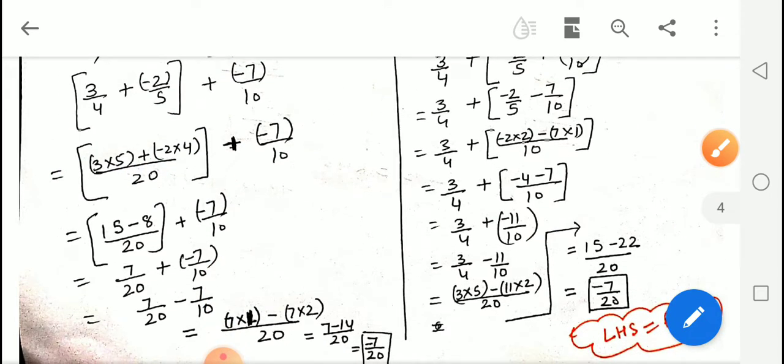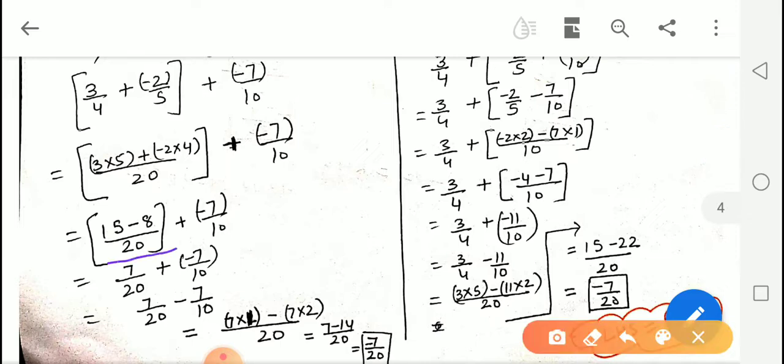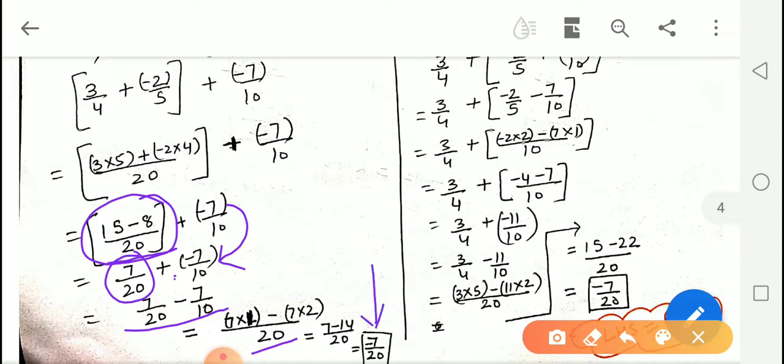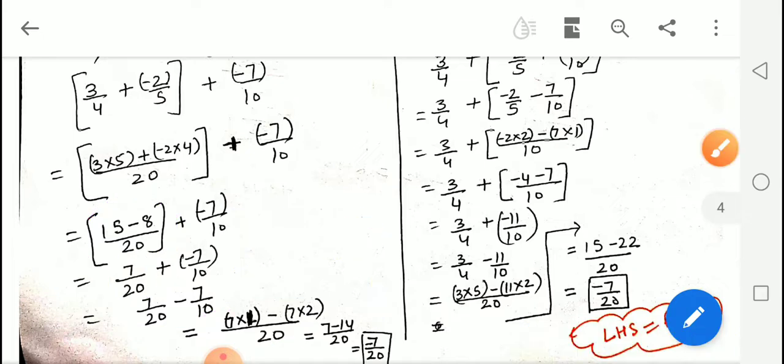Again in the bracket we will solve, and after solving this bracket we will get 7 upon 20 as an answer, which is to be added to the third number. Here we will solve this. Again we have taken the LCM and solved it, and we get negative 7 upon 20 as the answer on left hand side. Now let us see the right hand side.